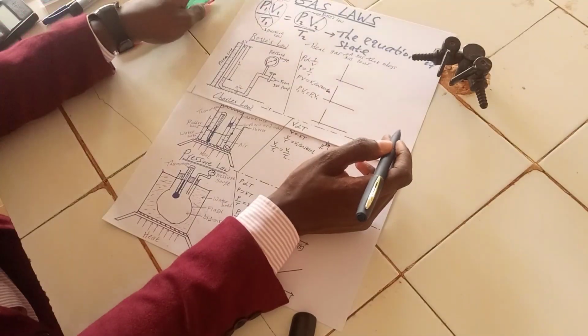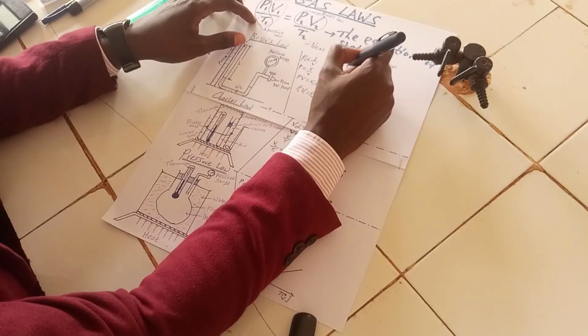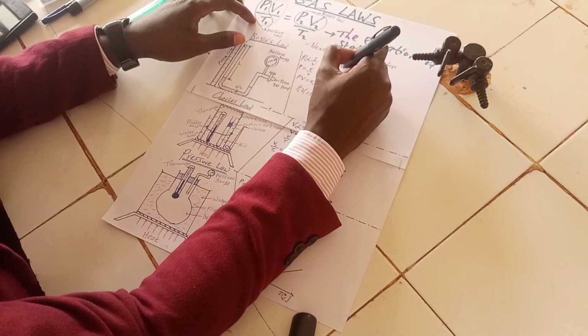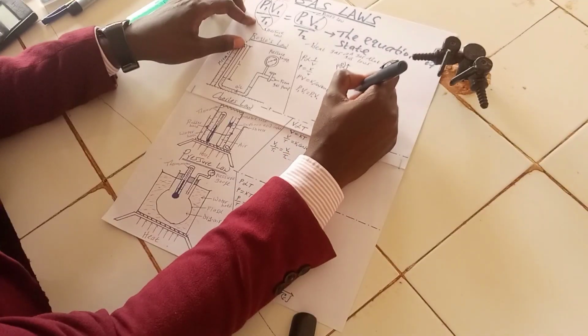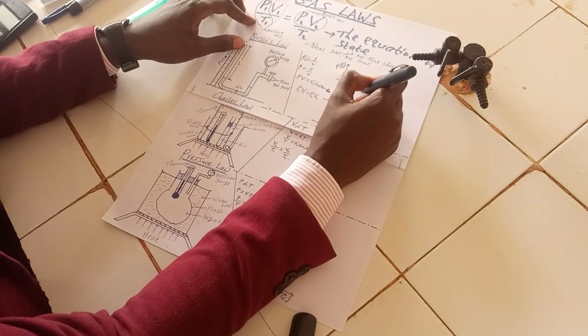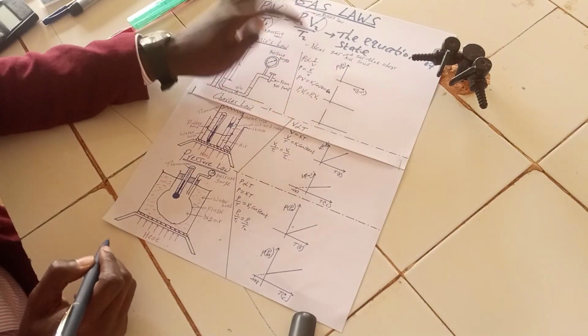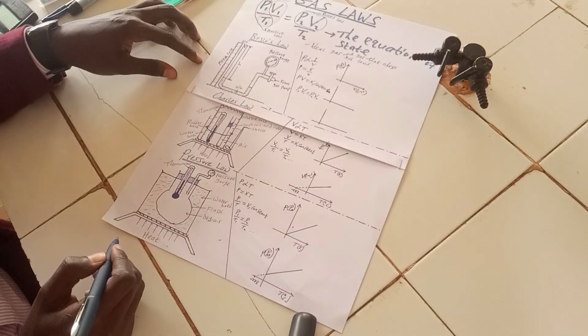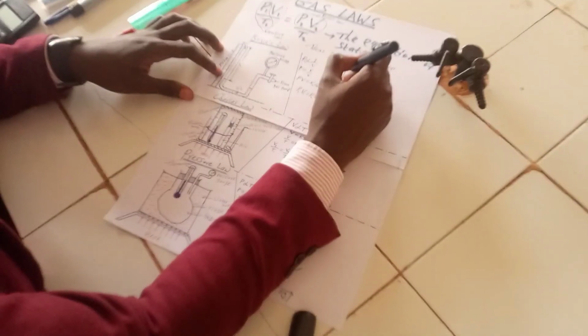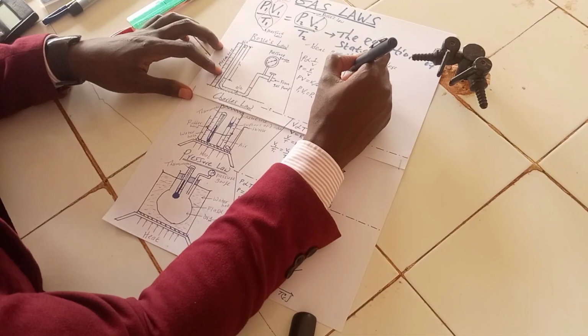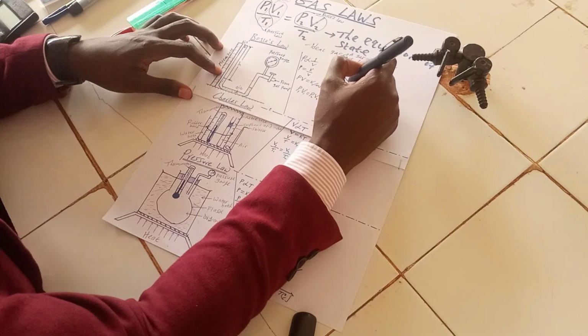So the first graph we are going to draw is pressure in pascals against the volume in centimeters cubed. We have seen pressure is inversely proportional to volume, and that means the graph is a curve which goes like this.